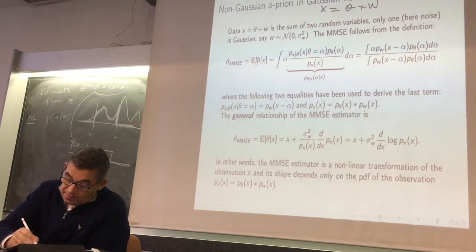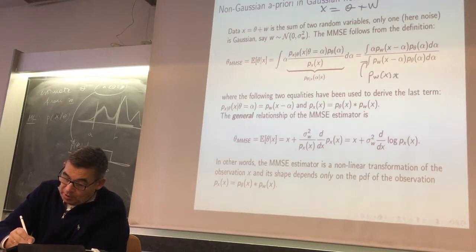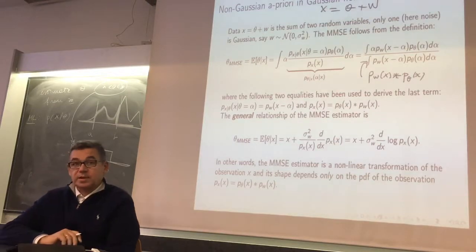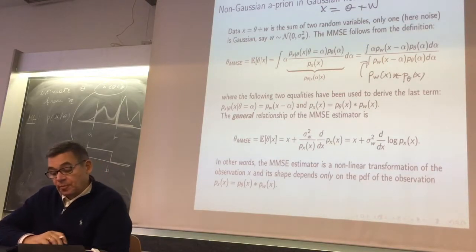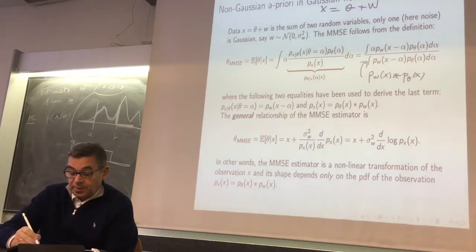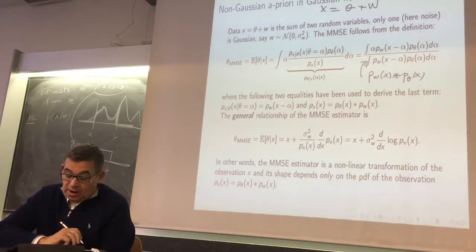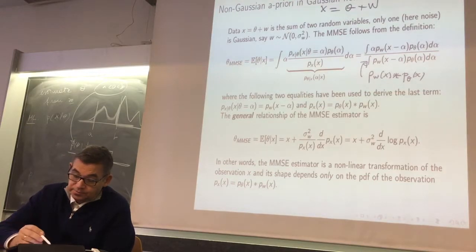This second part is Pw of x convolved with P theta, which is what is written here. That's because of the independence.